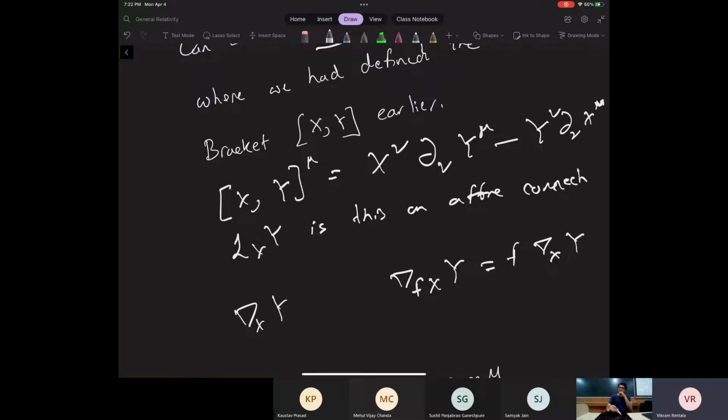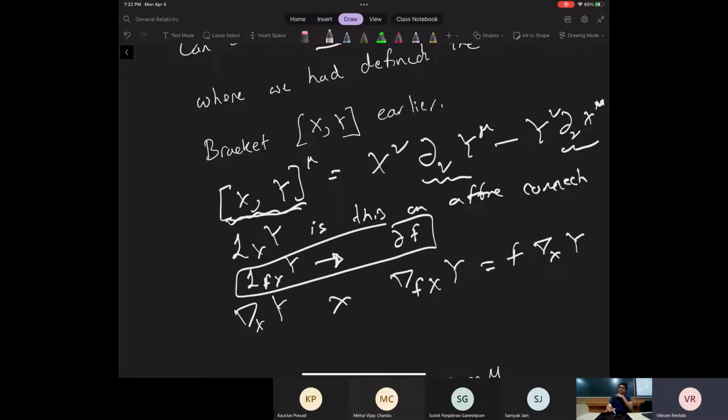But you can see that this Lie derivative is not going to satisfy that property, because the Lie derivative will depend on not just derivatives of Y, but also derivatives of X, the field with which you're taking derivatives. So the Lie derivative of Y along fX will involve things like derivatives of f. That's why it's not an affine connection.